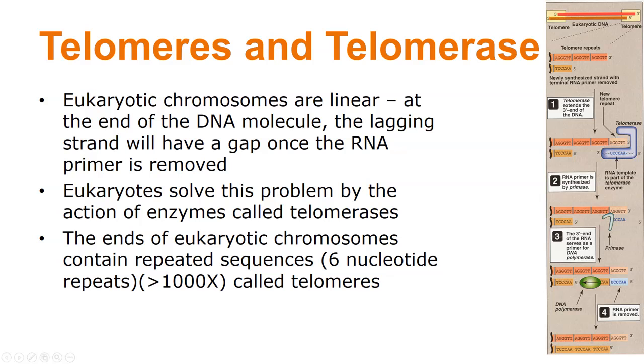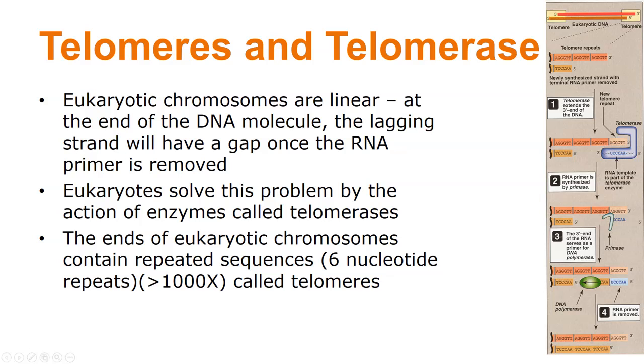So obviously they have to have a way of dealing with the end of the DNA. The ends of eukaryotic chromosomes are called telomeres, and you have an enzyme called telomerase. Telomerase extends the ends of that DNA molecule so that when it's replicated, it doesn't keep getting shorter until it can no longer get shorter without interfering with genes.